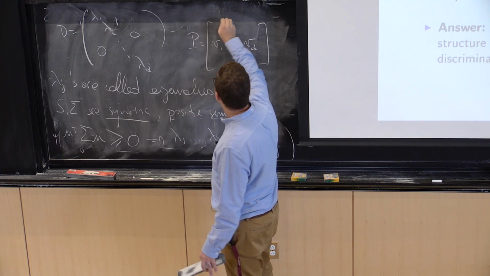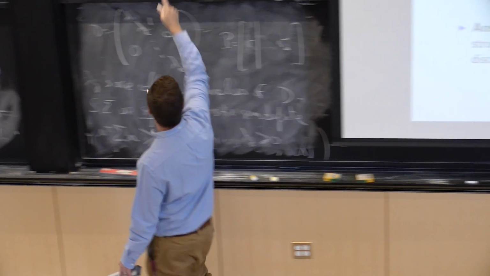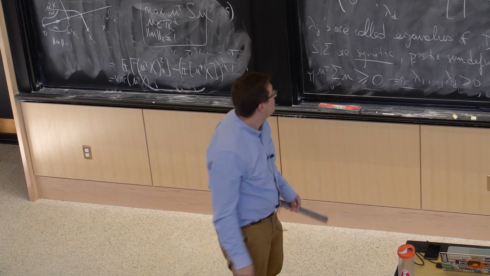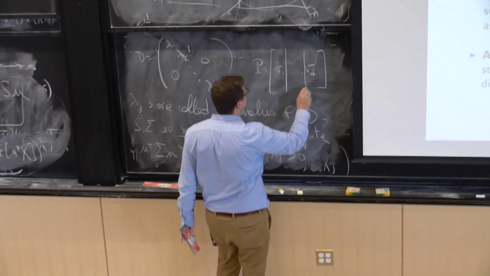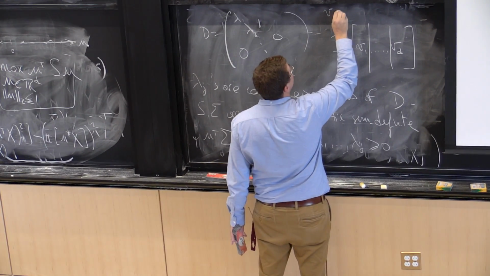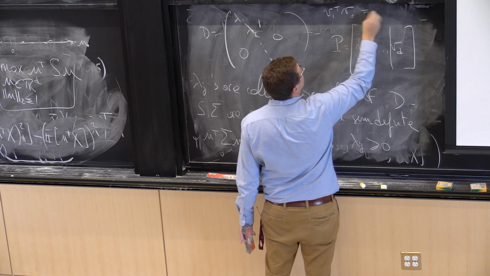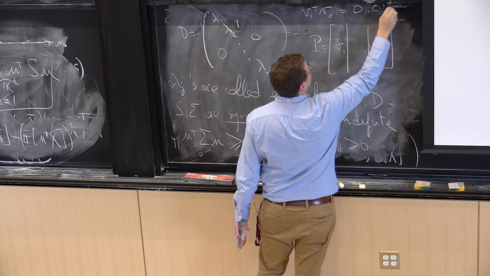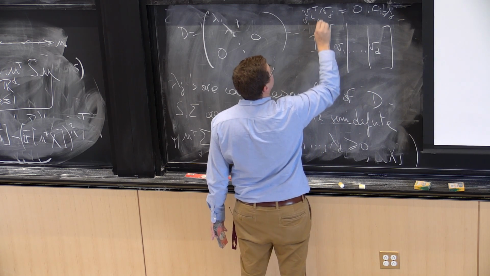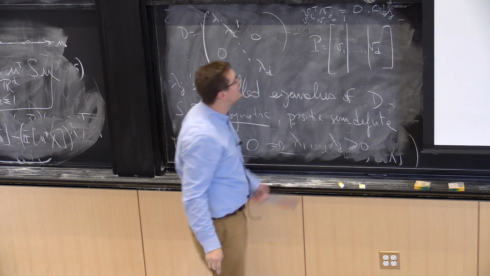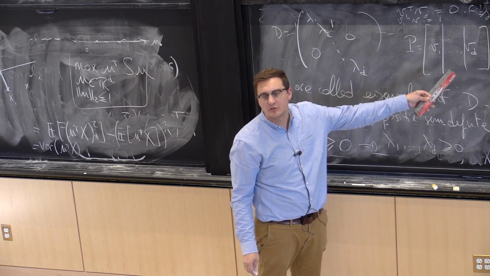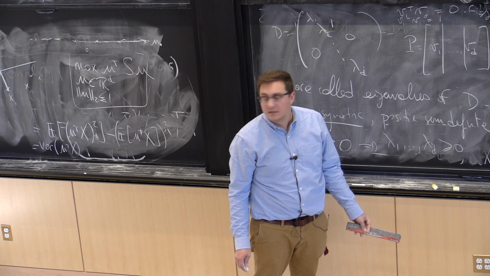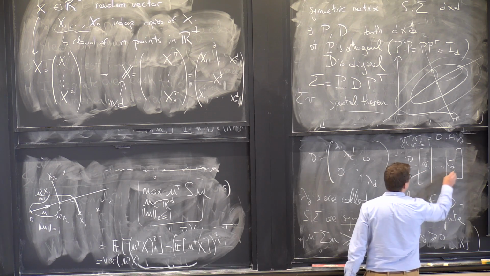The fact that it's orthogonal, that P transpose P is equal to the identity, means that those vectors satisfy that Vi transpose Vj is equal to 0 if i is different from j, and Vi transpose Vi is equal to 1, because the entries of P transpose P are exactly of the form Vi transpose Vj. Okay? So those V's are called eigenvectors.